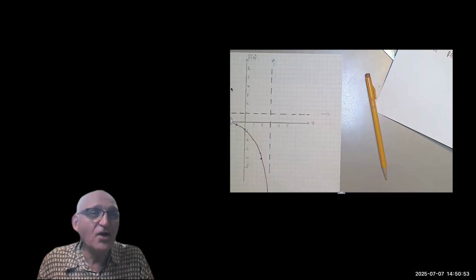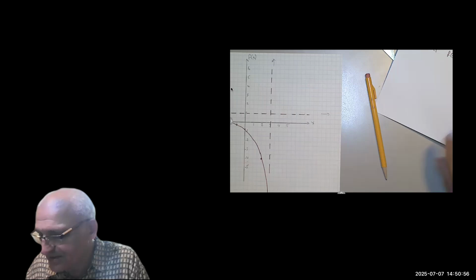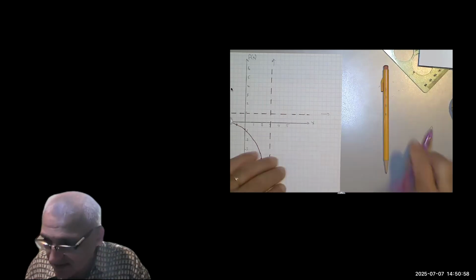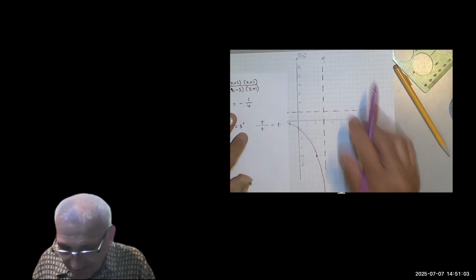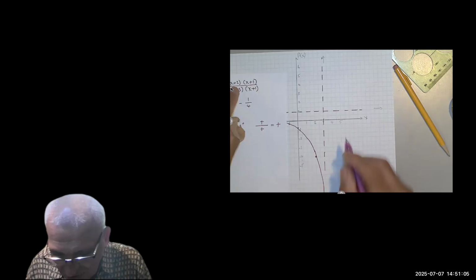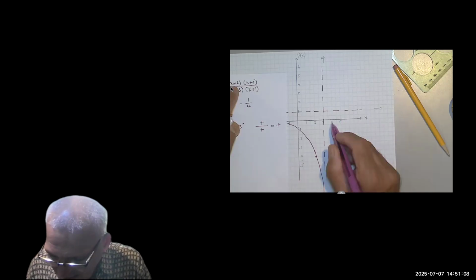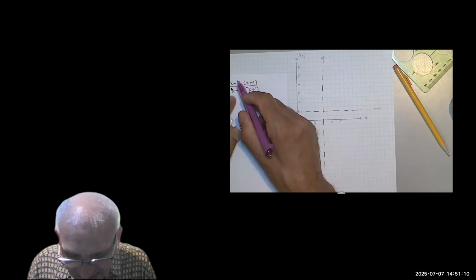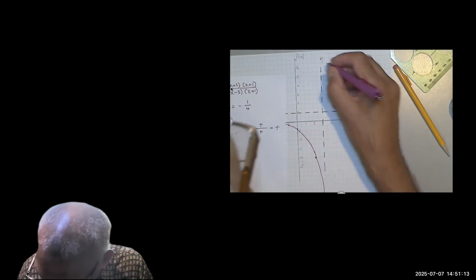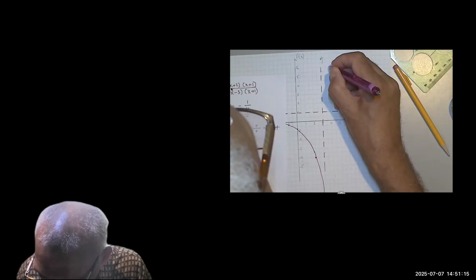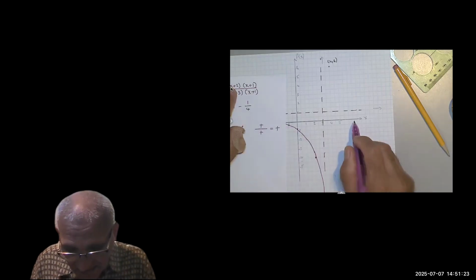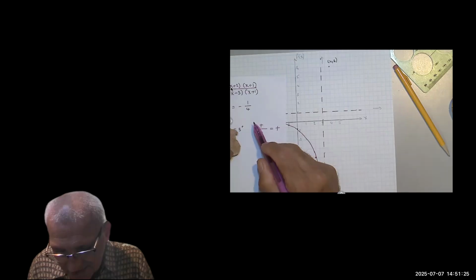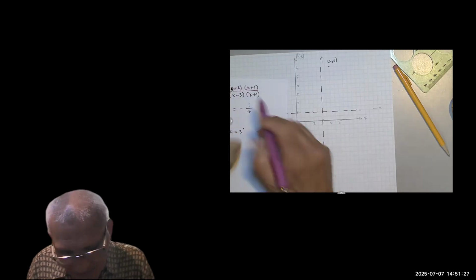Again, I don't know how to plot it in a precise or accurate manner. So I'm going to pick a few points, and probably I need something that makes the calculation easy. If I make x equals 4, the numerator is 6, the denominator is 1, so I get 6.